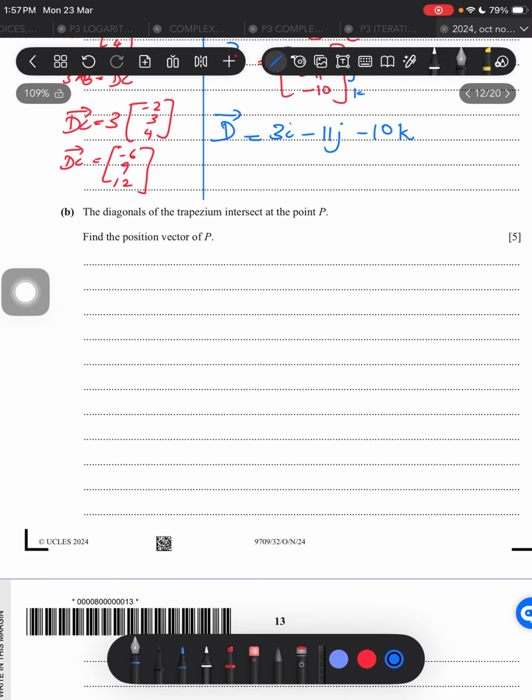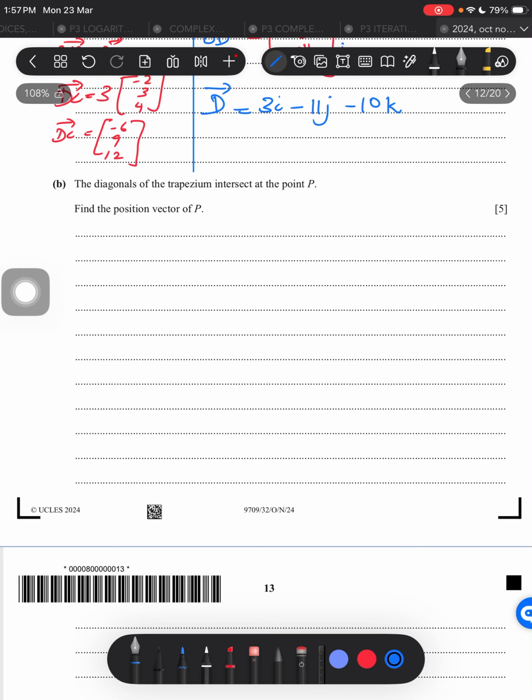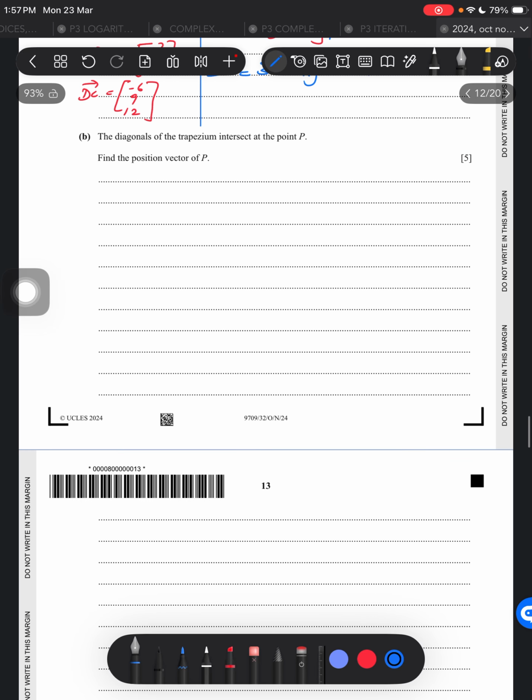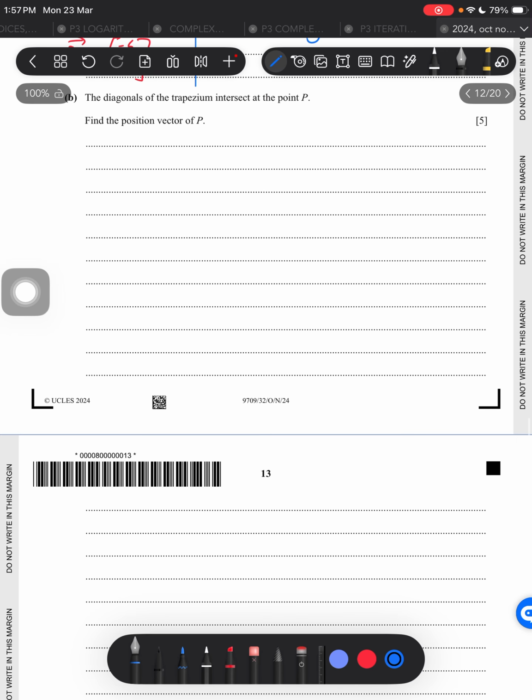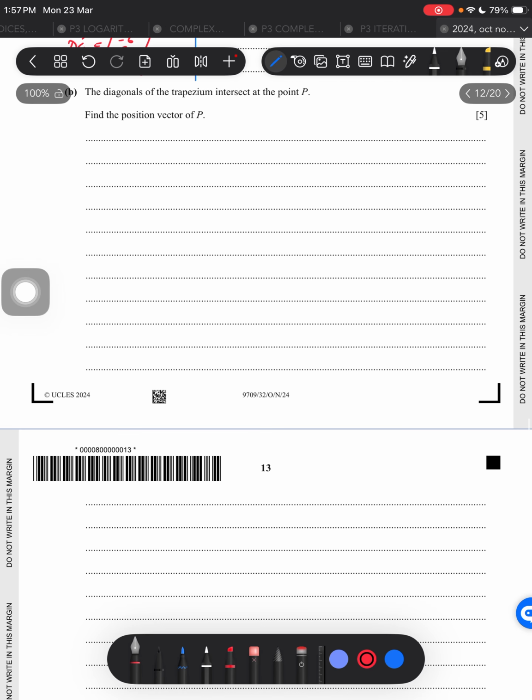In part B, they are saying that the diagonals of the trapezium, so this is a lengthy question. If you have this trapezium, making a rough one.